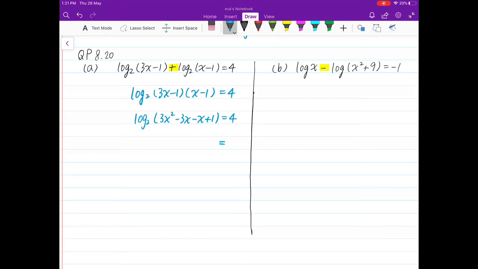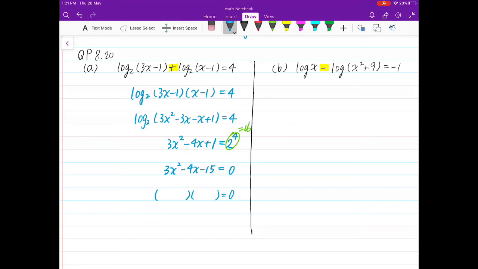As we want to remove the log, we will move it to the right hand side, become base of 2 and then power of 4. And then left hand side 3x squared minus 4x plus 1. So this equal to 16. So we can move it back to the left hand side, become 3x squared minus 4x minus 15 equal to 0.